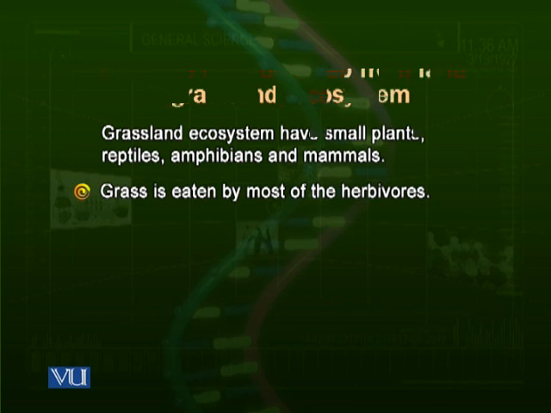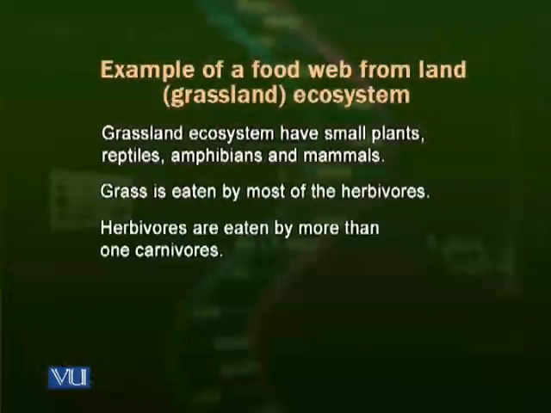There are different types of amphibians which also eat the grass. There are many reptiles, like many lizards, that also eat the grass. So there are many organisms which are eating grass. Grass is a source of energy for all of these organisms. Then these herbivore animals, all of which are eating the grasses, are themselves eaten up by more than one carnivore.